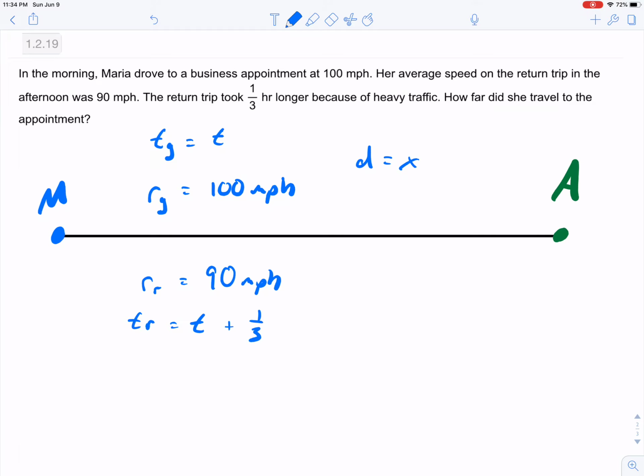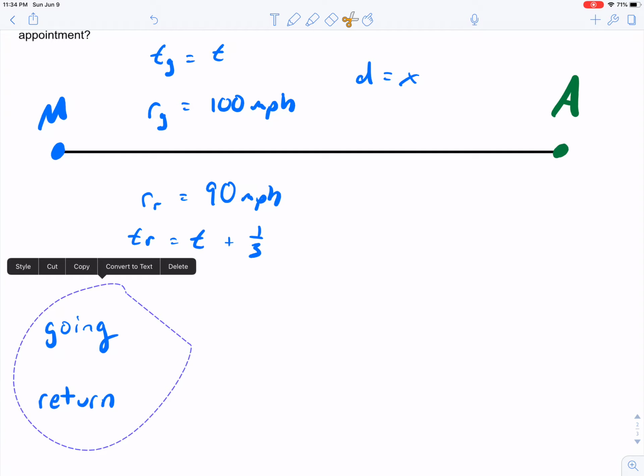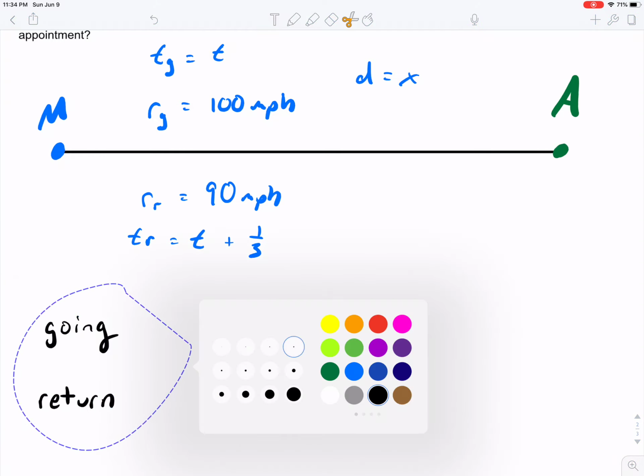How far does she travel? Okay. So this is a classic distance equals rate times time. So we have the going trip versus her return trip. Let's kind of do it like this.